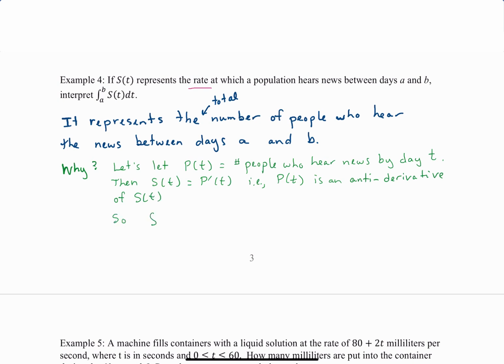So this definite integral from a to b of S of t dt would give you P of b minus P of a.